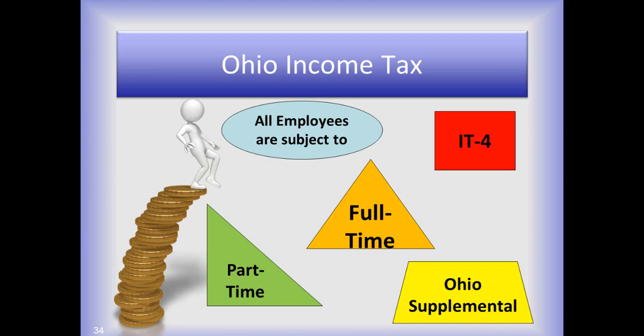Records must include amounts and dates of all compensation paid and taxes withheld by pay period, names, addresses, and Social Security numbers of all employees receiving compensation, periods of employment, including periods during which compensation is paid while absent due to sickness or injury, and entities must keep copies of all forms filed with the Ohio Department of Taxation.